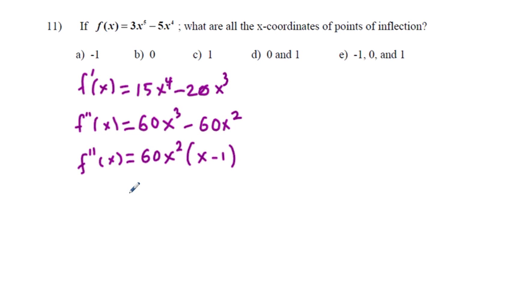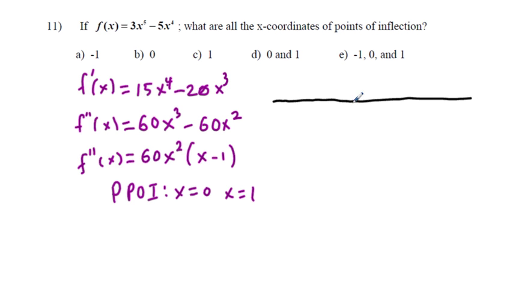And so our PPOIs, again, we call these PPOIs, not critical numbers, because these are possible points of inflection. We have x equals 0 and x equals 1. And next we resort to our number line, and we put our possible points of inflection here: 0, 1, f double prime above, and f below.